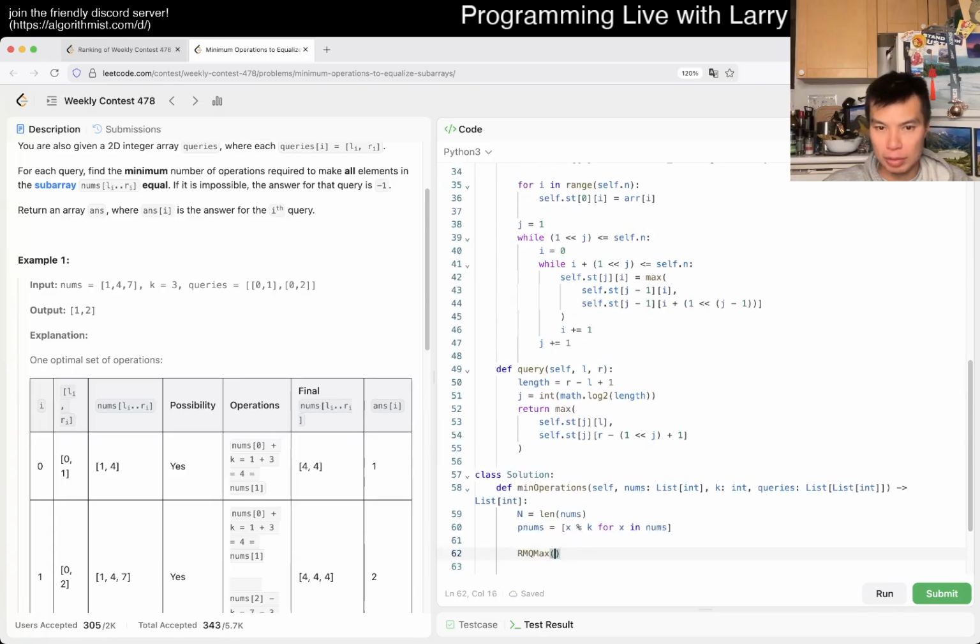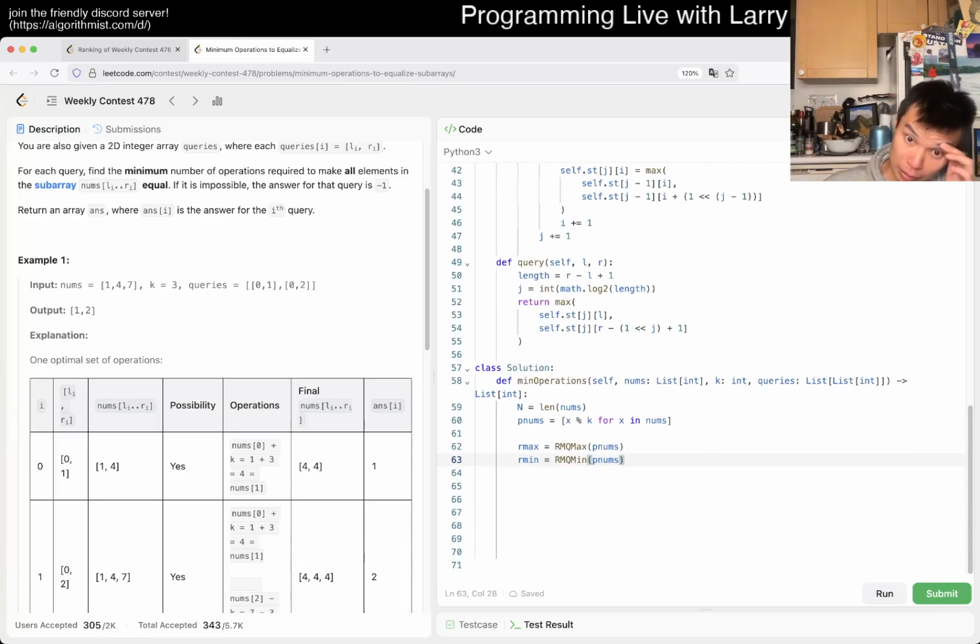Let's go reload. Right, okay, so we have it for min and max, and then in theory we pre-process these, right? So okay.